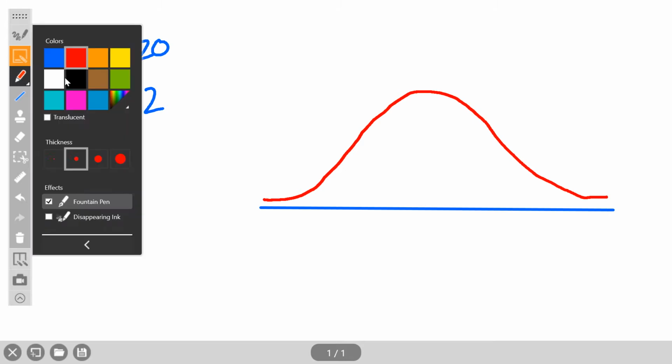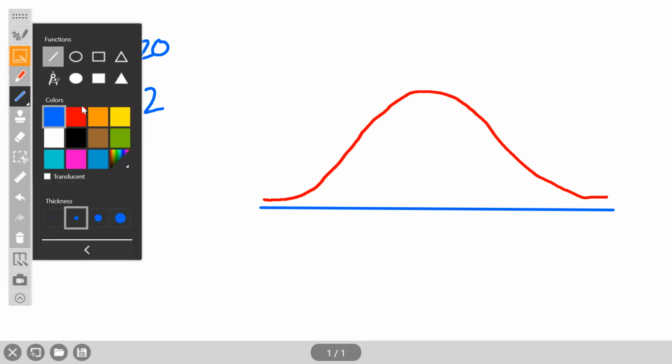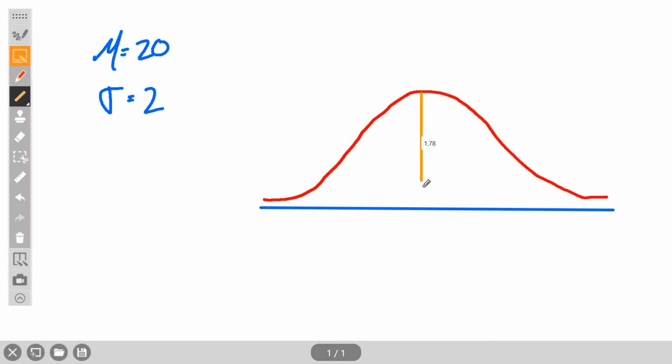Okay, that's a little bit better. So this will be the mean. This will be 1 standard deviation above. This will be 2 standard deviations above, and this will be 3. This will be 1 standard deviation below. This will be 2 standard deviations below, and this will be 3.